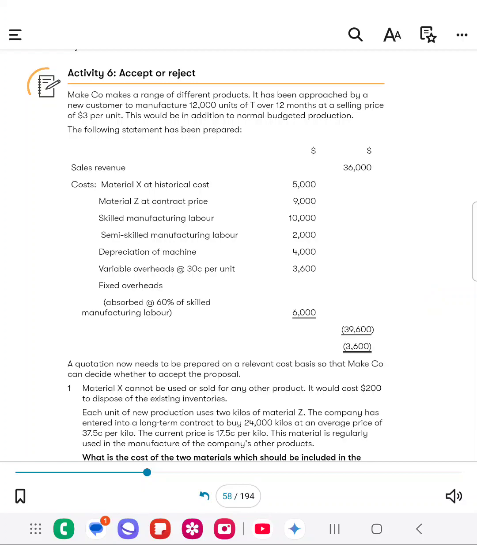So accept or reject: Make company makes a range of different products. It has been approached by a new customer to manufacture 12,000 units of T over 12 months at a selling price of $3 per unit. This would be in addition to normal budgeted production. The following statement has been prepared.